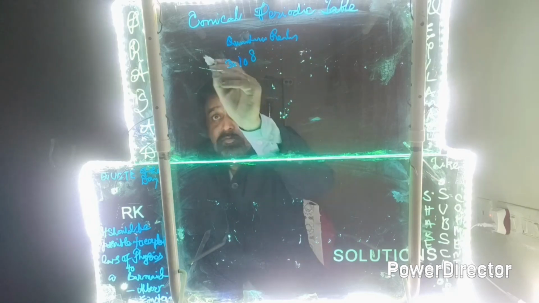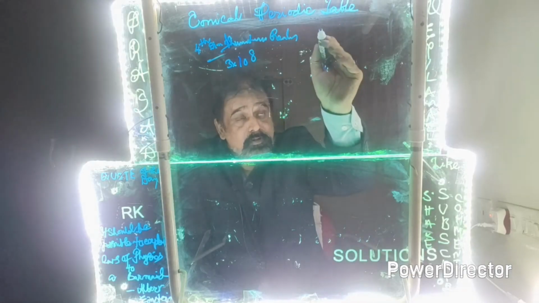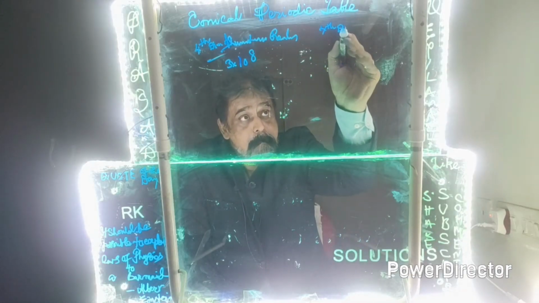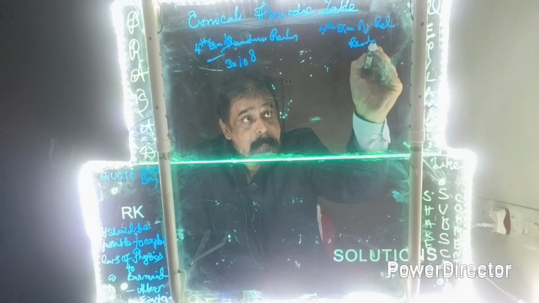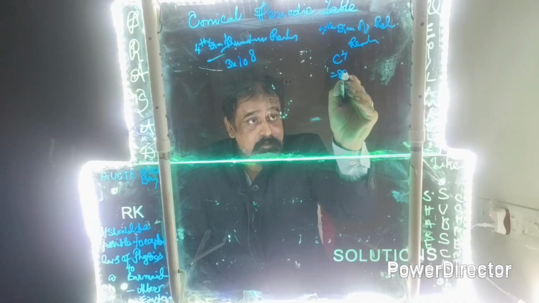I always used to tell you that 3 into 10 raised to 8 is the quantum realm, the fourth dimension of the quantum realm. And the fourth dimension of the relative realm is 3 raised to 4, that is 81 into 10 raised to 32.